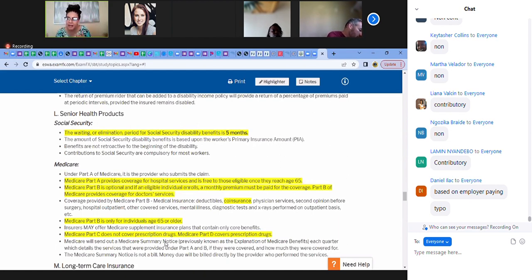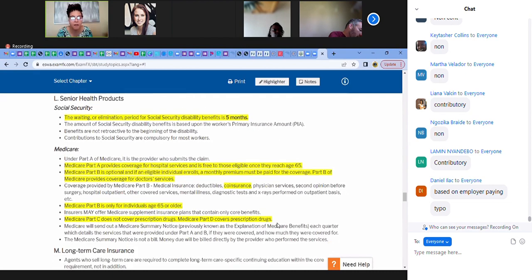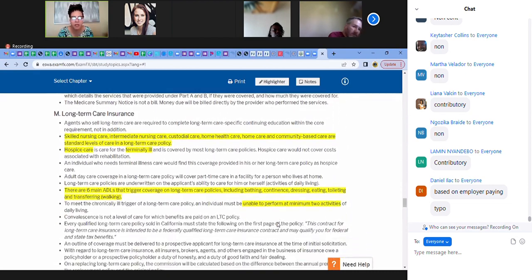Sometimes people take that and will get the authorizations they need. Part D is the prescription coverage. It's mandatory. Whether you have A and B, you need D, or if you have C, you need D. Prescription coverage is mandatory. That is a summary of your Medicare. Here is your long-term care. You have about 4 questions on there.